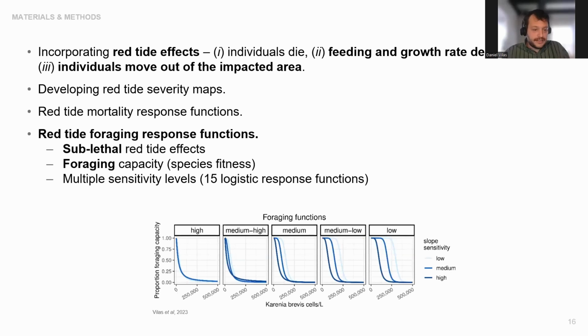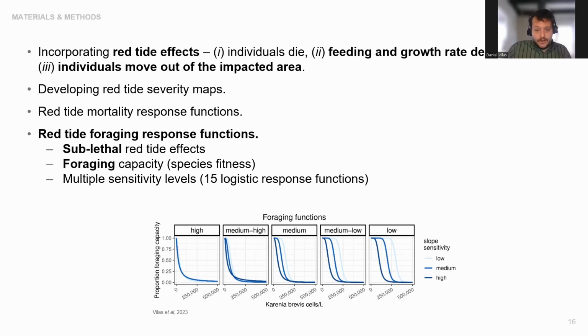And we did something similar for the sublethal red tide effects, in which we try to represent avoidance. So the higher the concentration of Karenia brevis in a cell, the lower the foraging ability of that species in that cell.